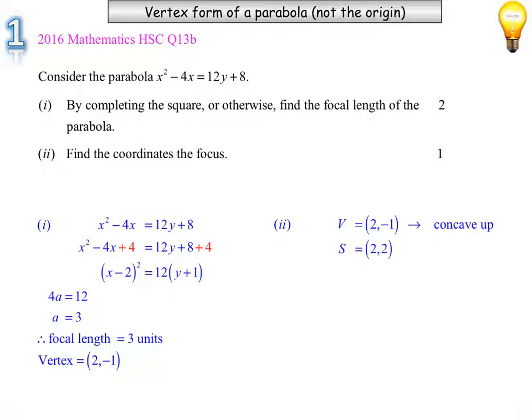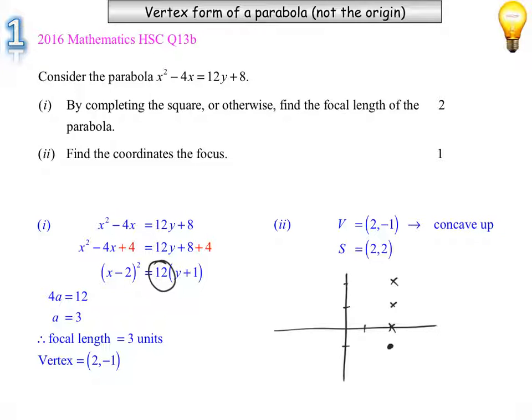Okay, so there's a positive right there, so it's concave up. Therefore, if you just visualize where 2, negative 1 is, so 1, 2, right here, there's the vertex. There's a turning point. And now we have 3 units going up. So there's 1, there's 2, there's 3.